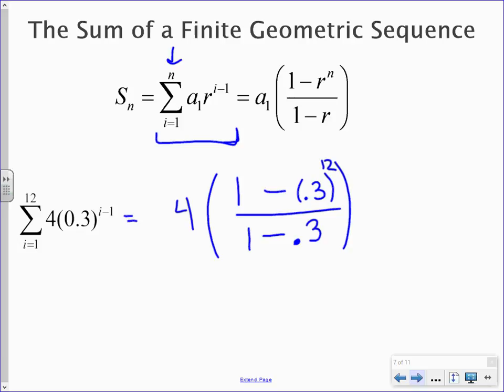If I were you, I would figure out that numerator first, and then I would divide it by the 0.7, and then multiply by the 4.